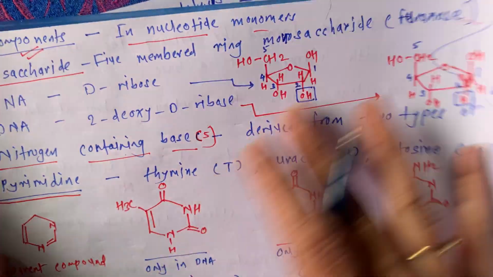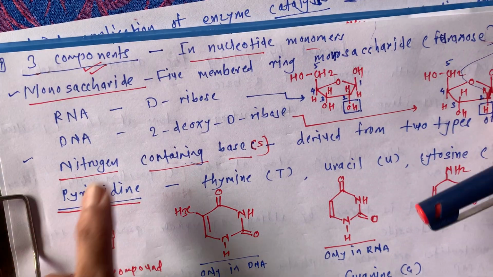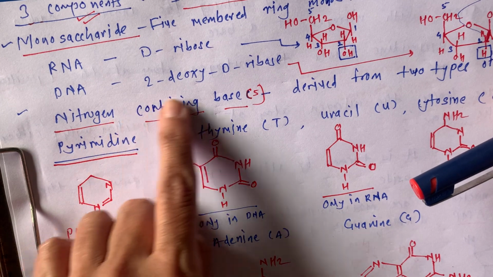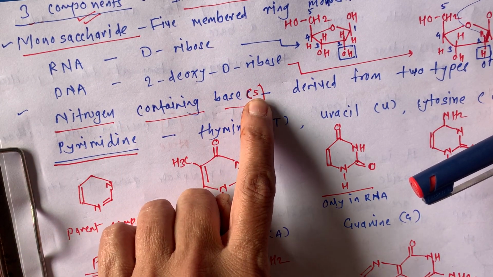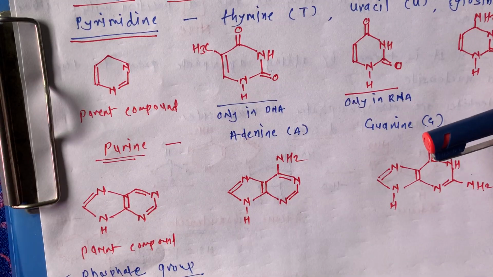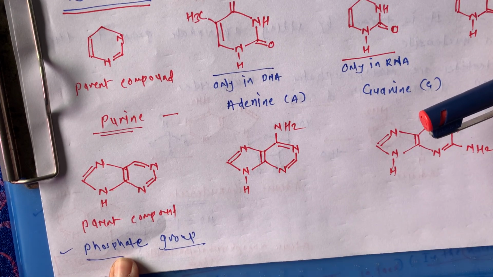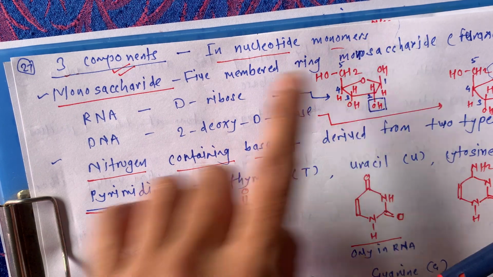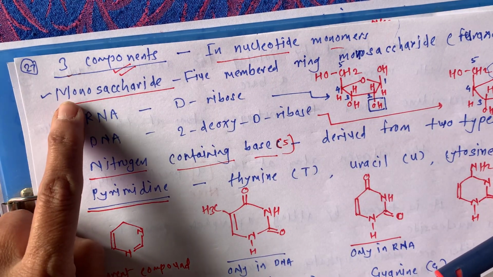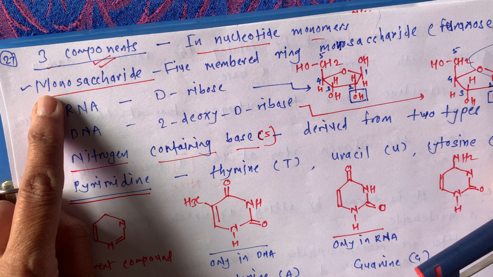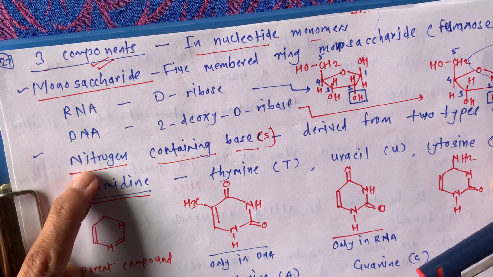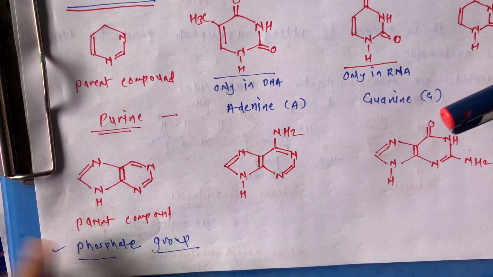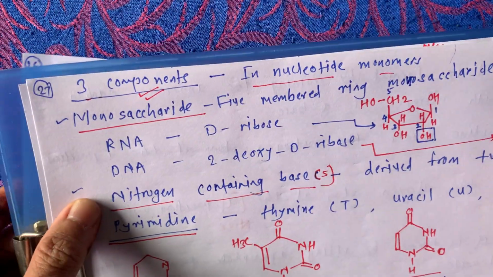The first one is the monosaccharide, the second one is the nitrogen containing base, which has 5 structures, and the third part is the phosphate group. So the nucleotide monomer is made up of 3 components: monosaccharide, which we studied very well, then nitrogen containing bases, and then the phosphate group. We will see them one by one.